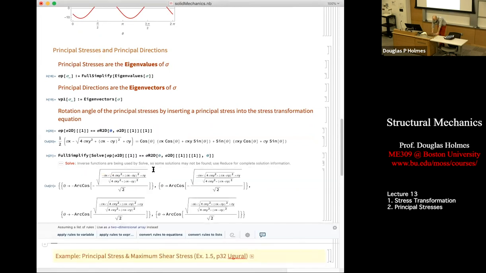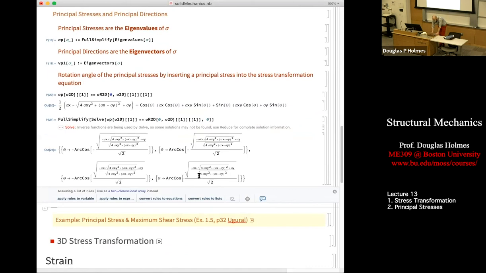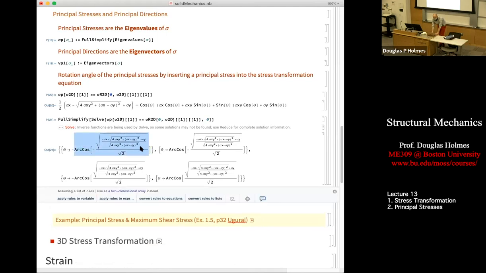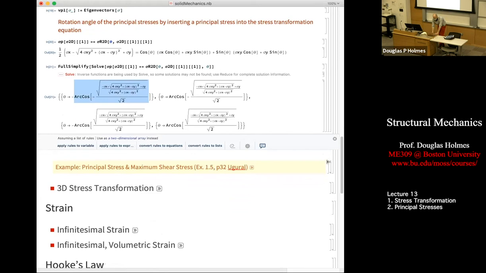These look awful. There are ways to simplify these, but I haven't done it yet here. You've derived these before, but these are the equations that will tell you what the eigenvalues are, or what the angle is. This is what I said, that the derivation of the eigenvectors is awful. These are the eigenvectors. This is the angle at which the principal stresses are largest. I don't want you to worry about these other than to know that that's why we didn't do the derivation, because it's just kind of a mess.